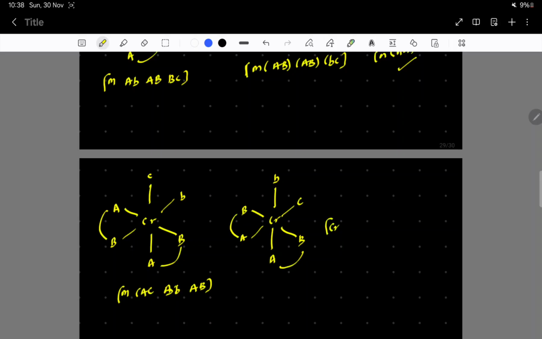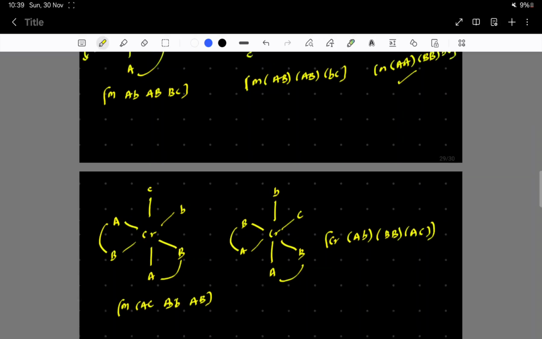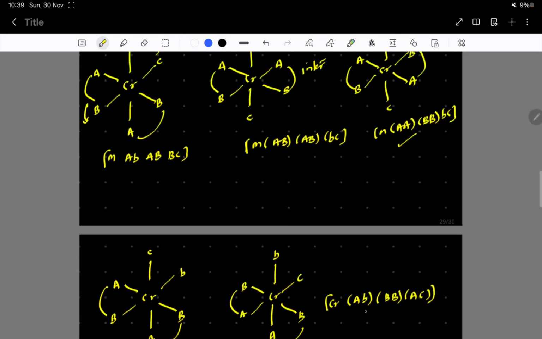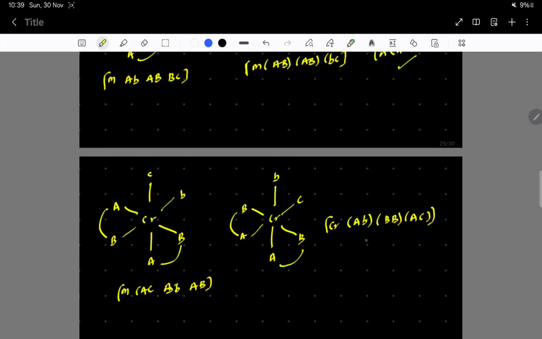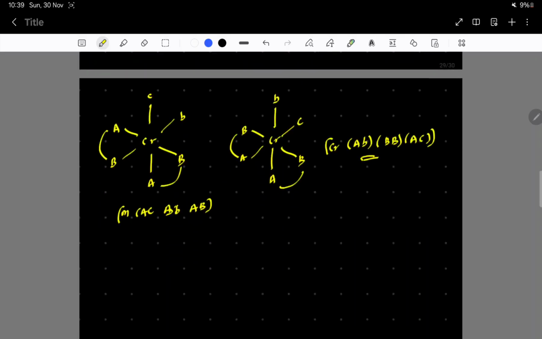Now the combination I will write AB, combination I can write BB and combination AC. Now combination, student, capital B is there, capital B is there, and AB, AC. This is also different. Okay, right. Now next we will move to the different things, student. Now this will be CR.